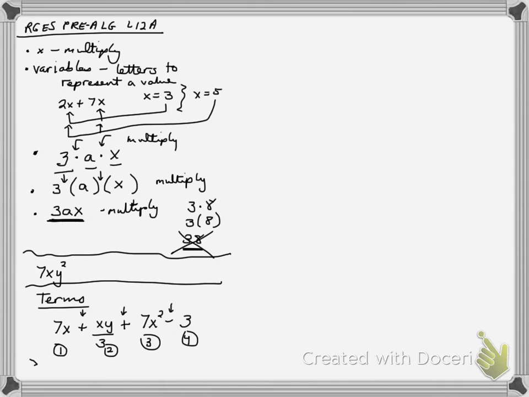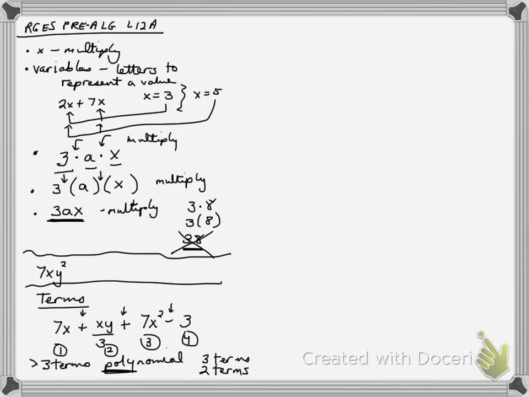If there are more than 3 terms, we're going to call it a polynomial. And I could be more specific and say that this is a 4-term polynomial. If there are 3 terms, it would be a trinomial, like tricycle. 2 terms would be a binomial, like a bicycle.